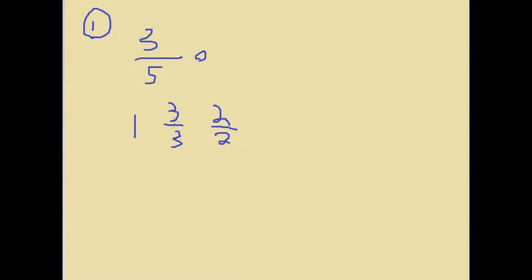So let's just do 3 out of 3. So 3 times 3. So we're doing 3 out of 3. 3 times 3 is 9. And then 5 times 3, because we're doing this one right here. So 5 times 3 is 15. So 3 divided by 5 is equal to 9 divided by 15.